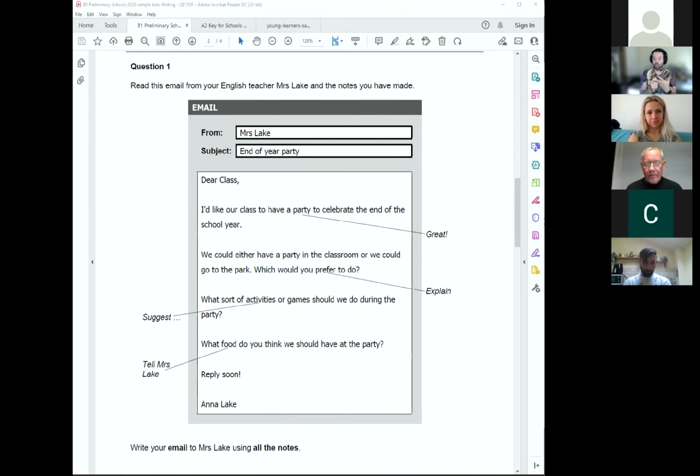It's really important to do games because if you don't do games, the students get bored, then they misbehave. And then what food do you think we should have at the party? Oh, I think if we have some games, we're all going to get really hungry. So there definitely has to be some food. Yeah. So it looks like we've approached the content points, but we've missed them all. But the English is good.